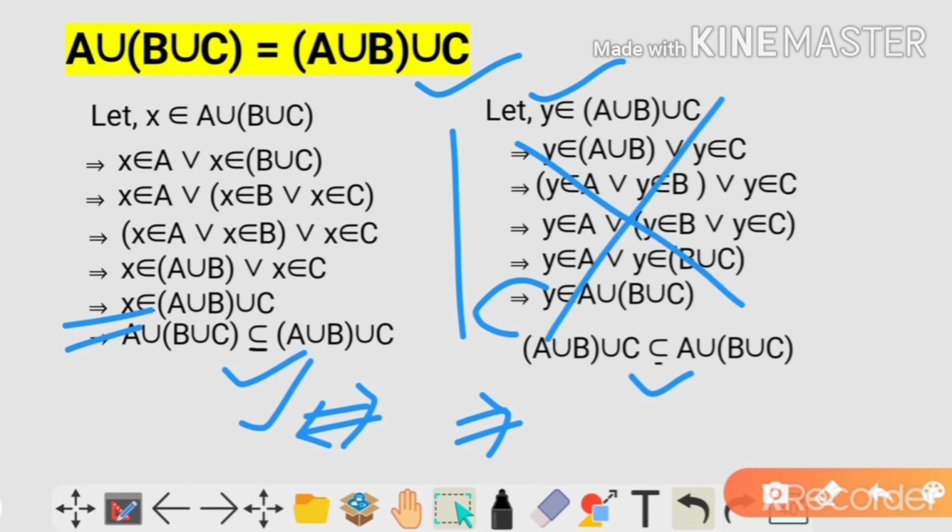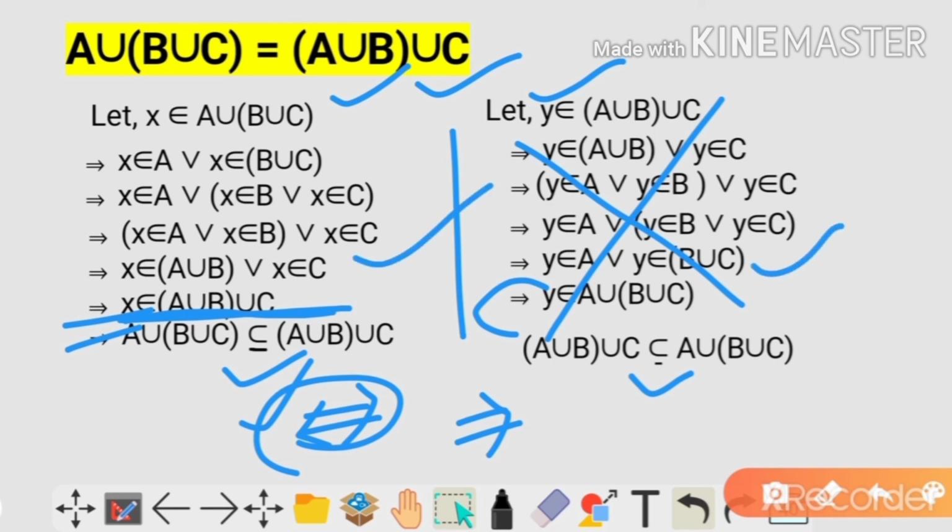You will use this bi-implication sign and prove this part, and you directly write the proving statement. Okay, but some teachers also don't let you use this bi-implication sign and tell you to do both parts. So then you have to do this and you can use this trick there.